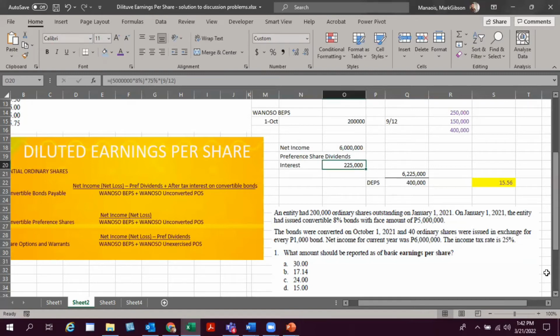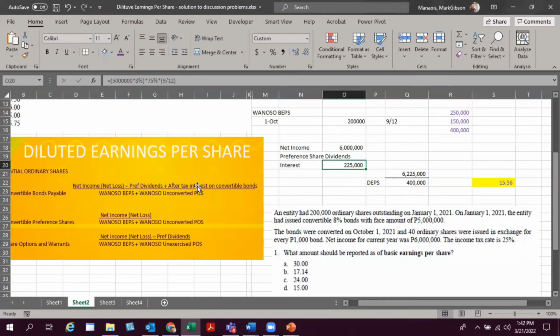Again, we are adding back the after-tax interest on convertible bonds kasi nga the assumption is this was already converted at the earliest presentation. It was issued January 1, 2021, so ang assumption natin is it was converted on January 1, 2021.